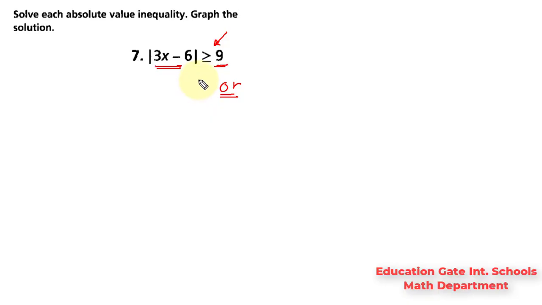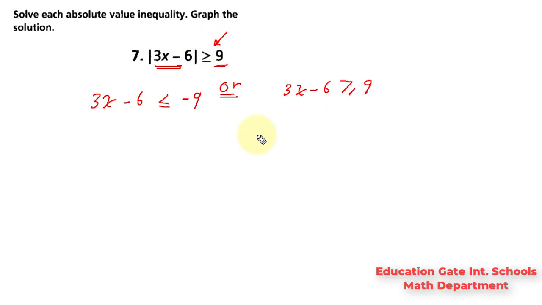So you have to say 3x minus 6 is greater than or equal 9, or less than or equal negative 9, the opposite of 9. So we can write 3x minus 6 is less than or equal negative 9. Don't forget, we will use or because we have greater than or equal.